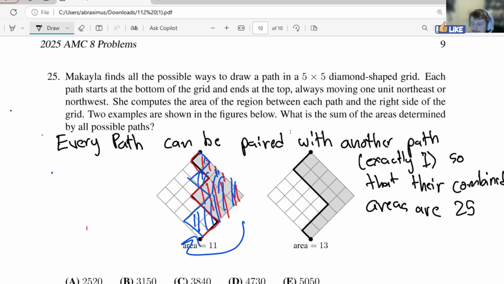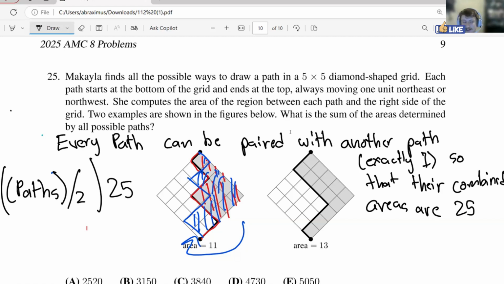So it's 25. So all we need to do is find the number of paths, divide it by 2, and multiply it by 25. So paths divided by 2, all times 25.